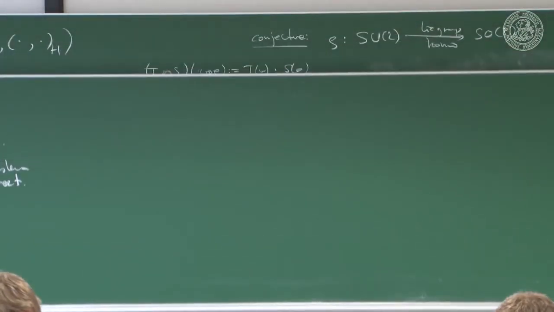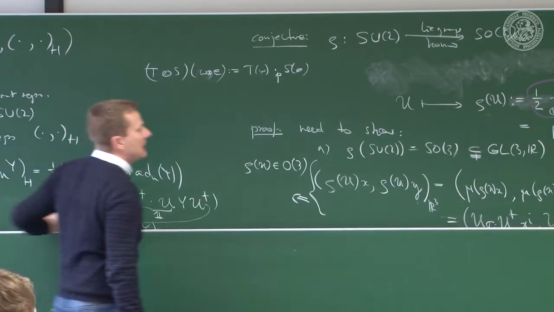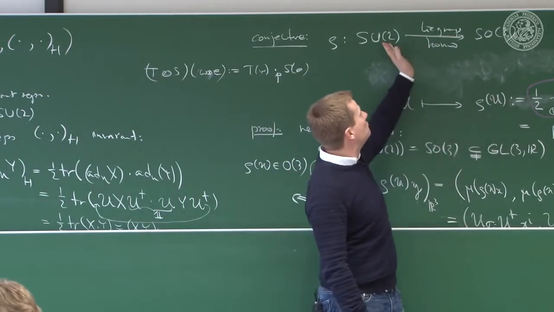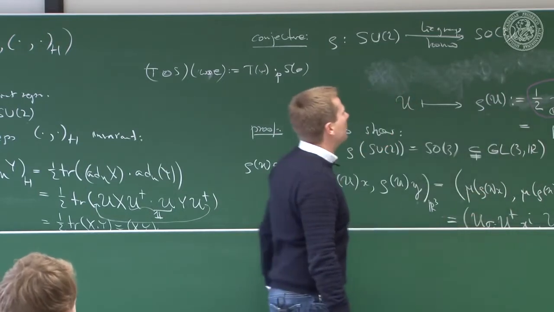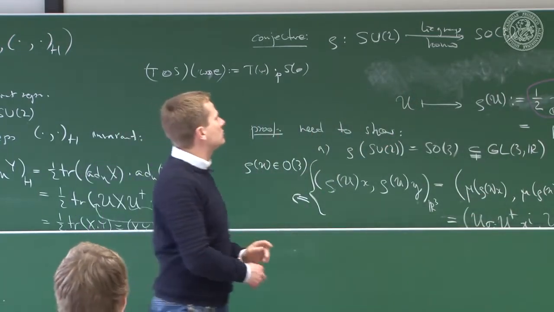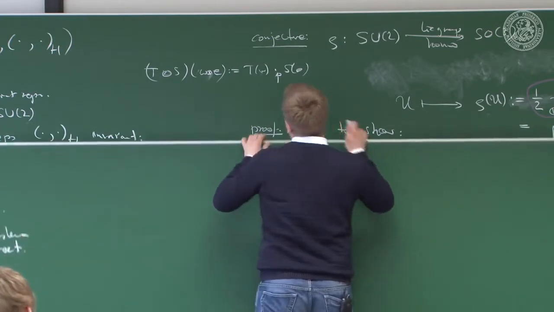Okay, good. So what we did so far, we showed that indeed the map, the funny map we defined here, really takes SU2 to SO3. But we wanted to show much more. We wanted to show that it's a Lie group homomorphism.